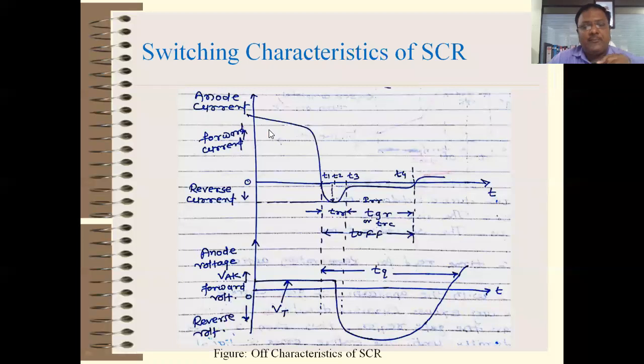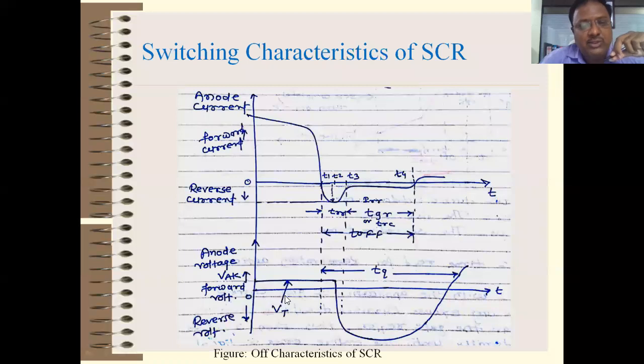So see what happens if you apply a reverse voltage. We are considering that the reverse voltage is applied across the SCR so that you can understand, otherwise it is difficult to understand the turn off characteristics. So the anode current starts to decrease, right?